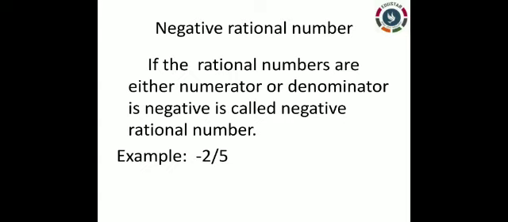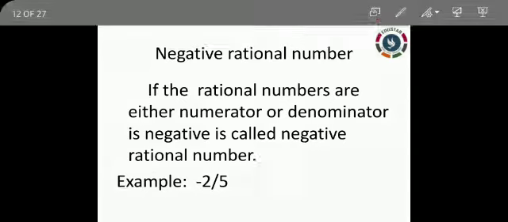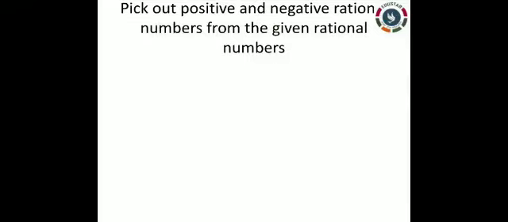Such a rational number is called a negative rational number. For example, pick out positive and negative rational numbers from the given rational numbers.